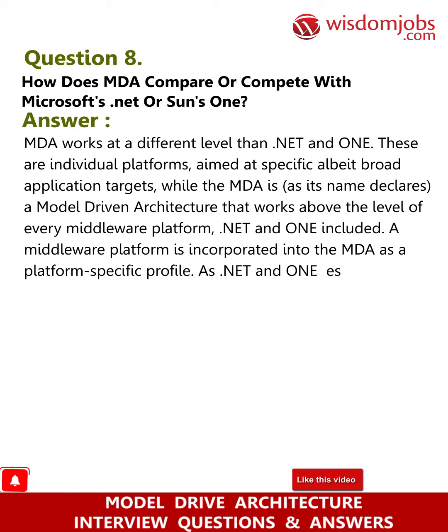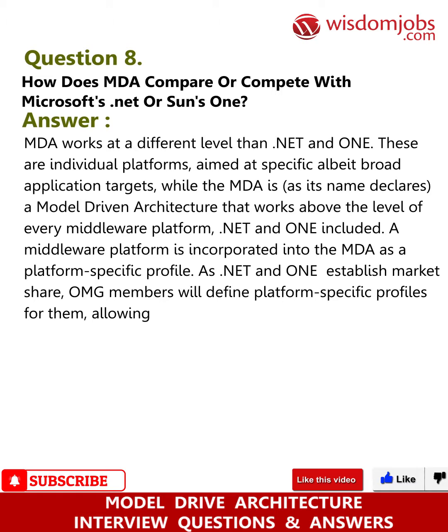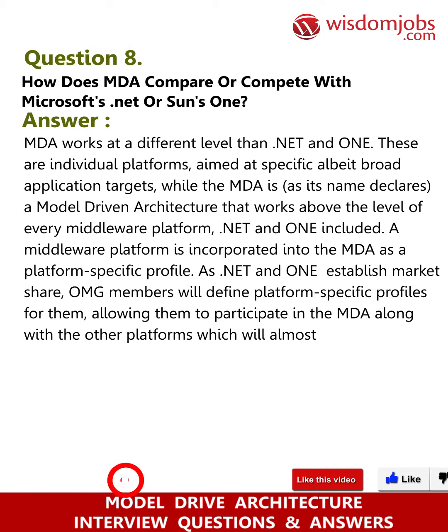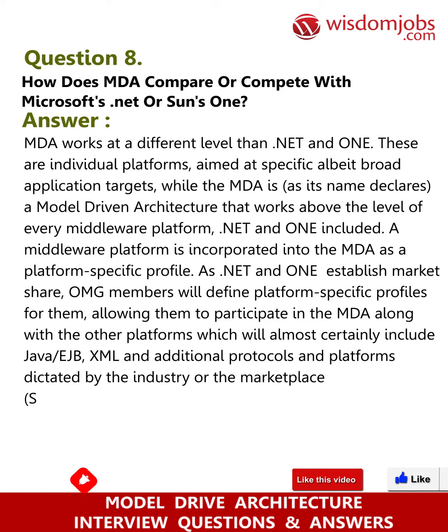As .NET and ONE establish market share, OMG members will define platform-specific profiles for them, allowing them to participate in the MDA along with the other platforms, which will almost certainly include Java/EJB, XML, and additional protocols and platforms dictated by the industry or the marketplace, SOAP or XP, for example.